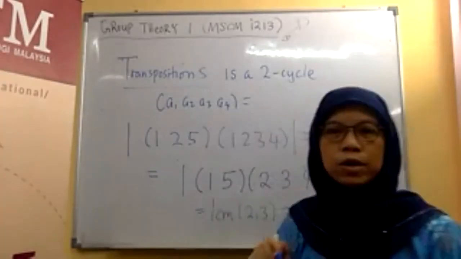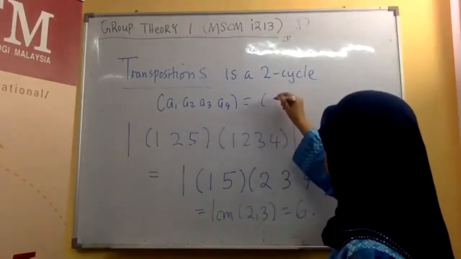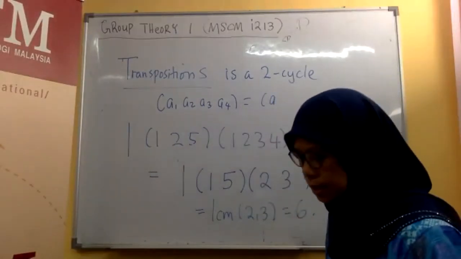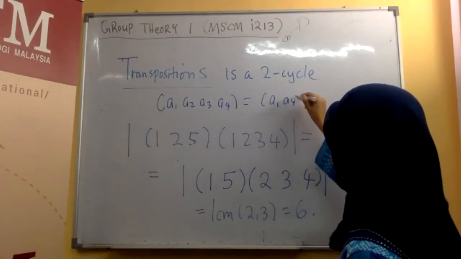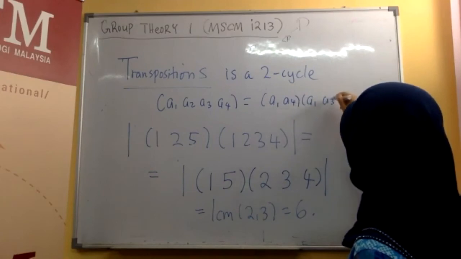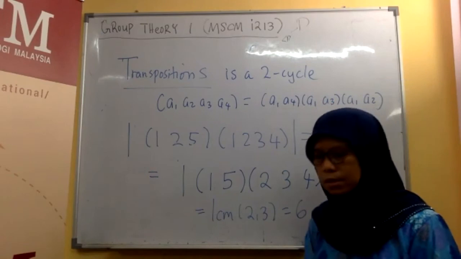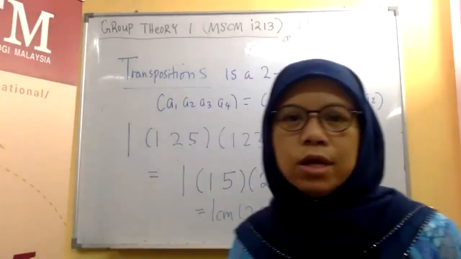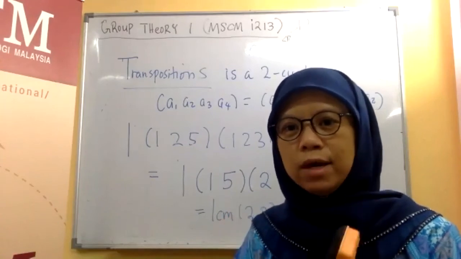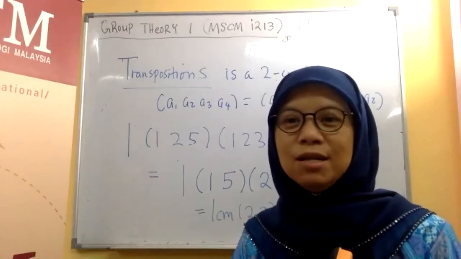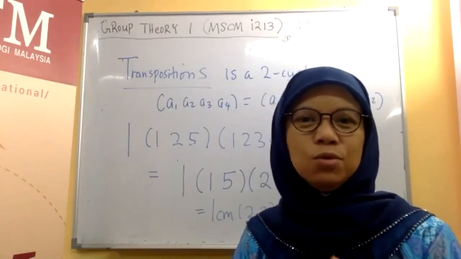How can you write this as 2 cycles? It is (a1 a4)(a1 a3)(a1 a2). So for S3, for example, the identity is (1 2)(1 2).